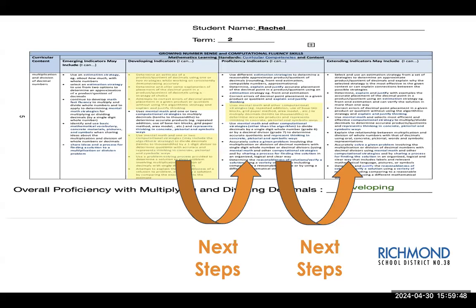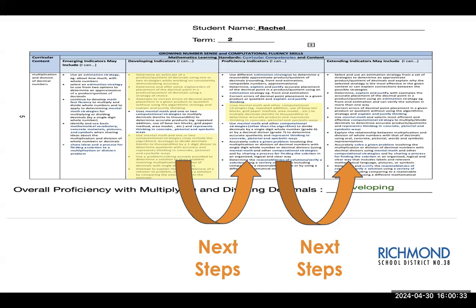Once you have developed a tool like this, and we've used it to assess consistently throughout the year or the term, and I have some understanding of where the student is overall, I know that with division, I want to support the student with moving her learning forward. So I want to think about what next steps to provide. I also want to think about, if she's proficient with her multiplication strategies, what I could be encouraging her to do so that she can move towards the extending level.